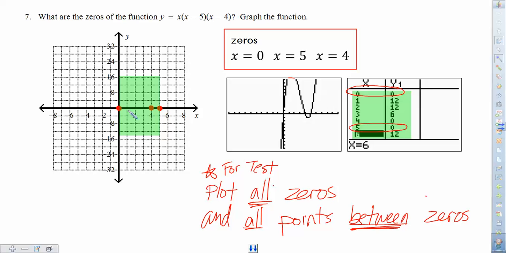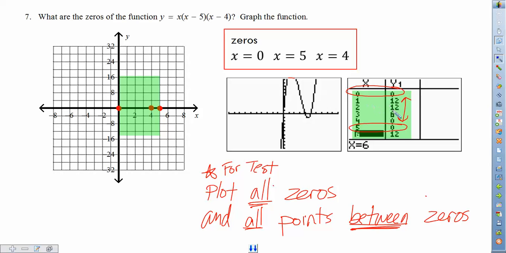There are some missing ordered pairs, missing inputs here. For example, I have 0, 0 taken care of right here with that first dot. And then the next time I put a dot doesn't happen until I get to 4, 0. But what about all these points in between? We need to plot those points. So if you want full credit on this test, you need to plot all of those points in between.